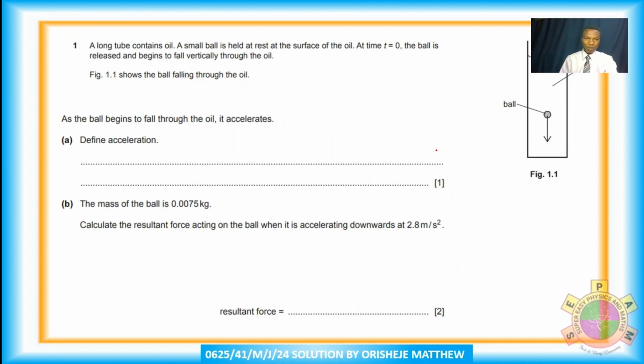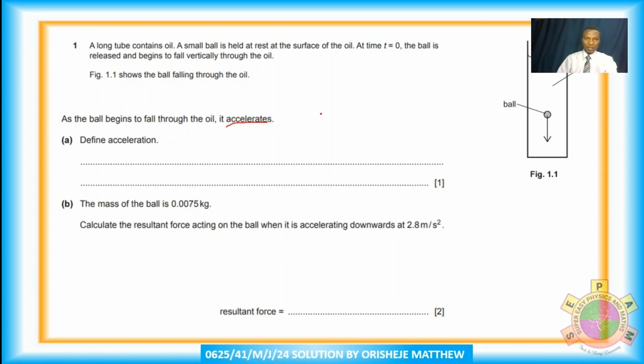Question 1 is all about a ball falling through an oil in a container. So in figure 1.1, a small ball is held at rest at the surface of oil at time t0. The ball is released and begins to fall vertically through the oil. Now, as the ball begins to fall through the oil, it accelerates.